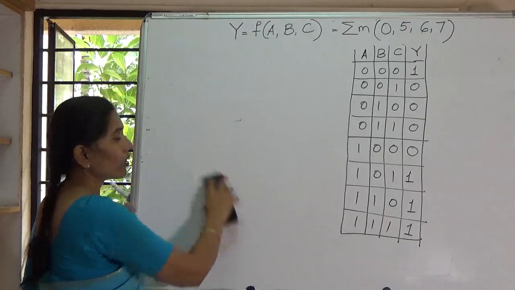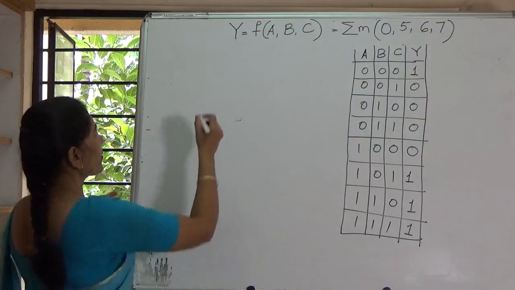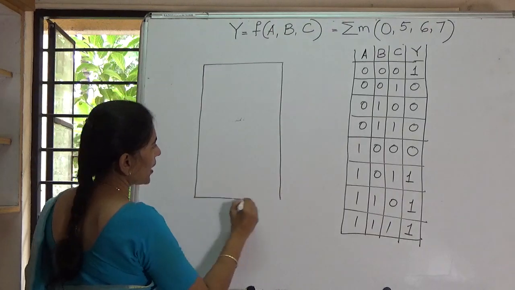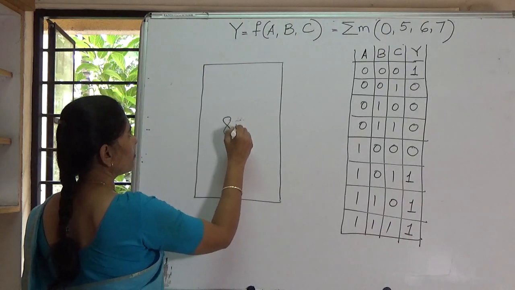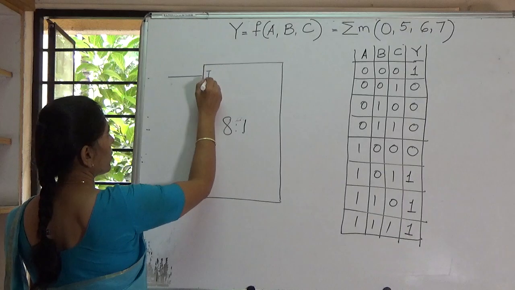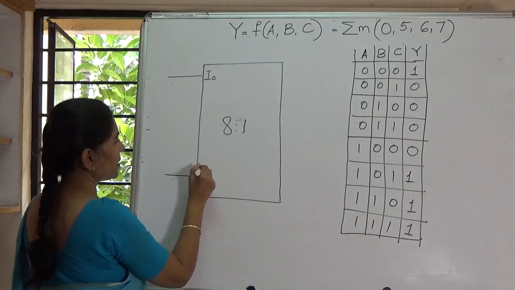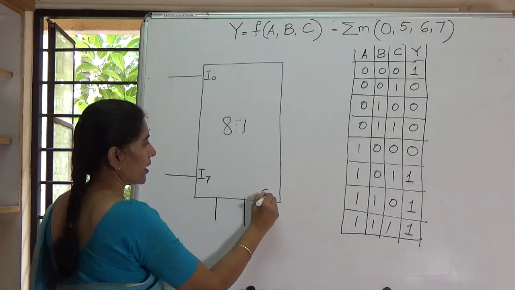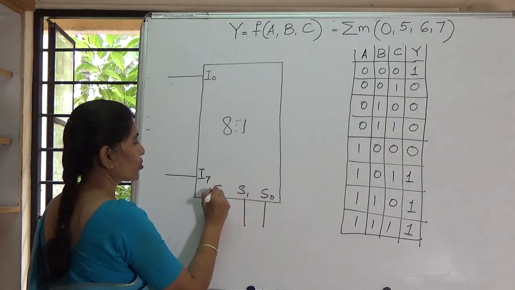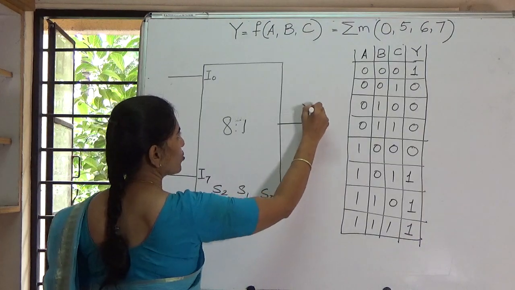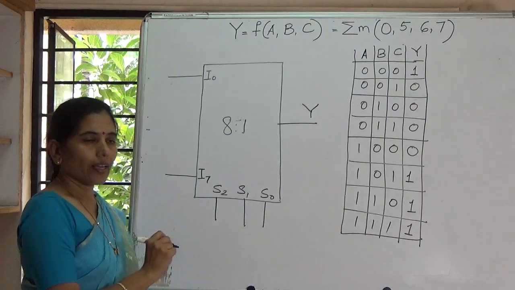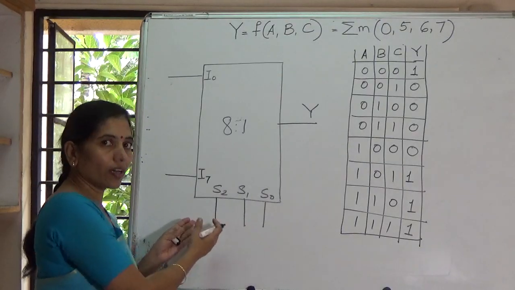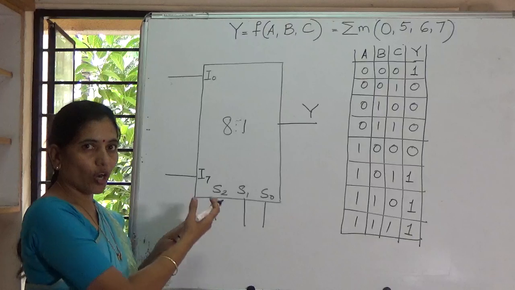Let us quickly draw the multiplexer first. An 8:1 mux has 8 input lines starting from I0 and going up to I7, and it has 3 select lines, S0, S1, S2 and 1 output line which is Y. Let us now connect the 3 inputs, because unless we drive the select lines, the multiplexer will not function.